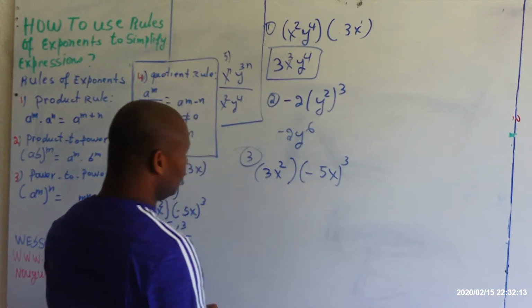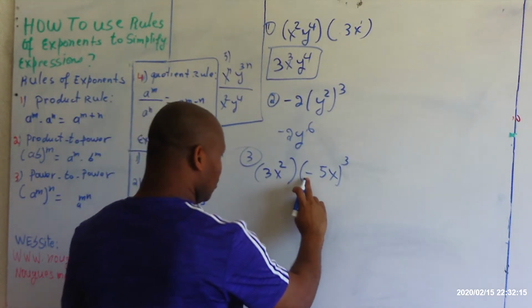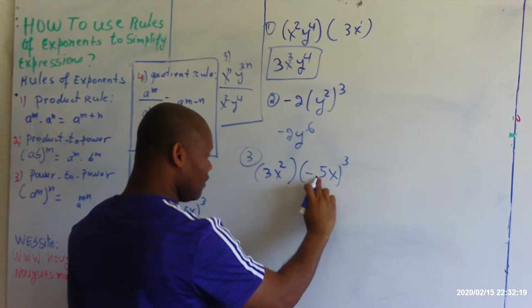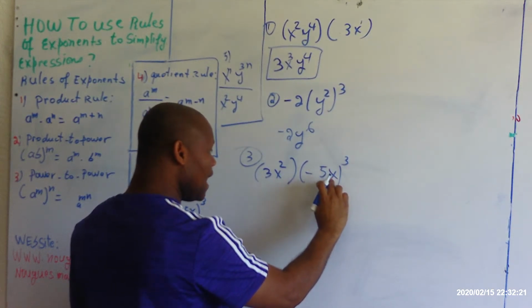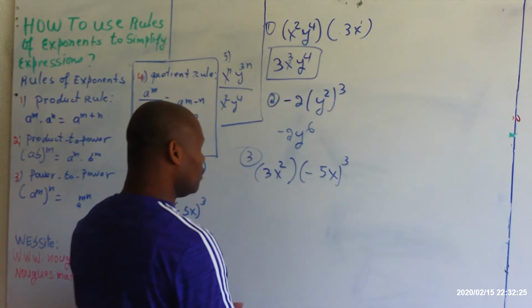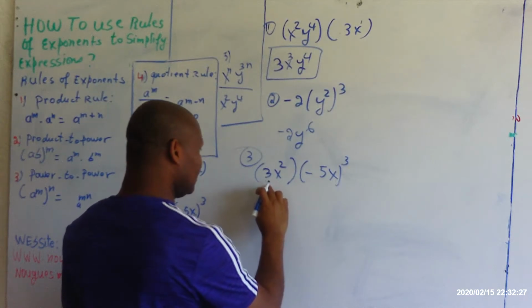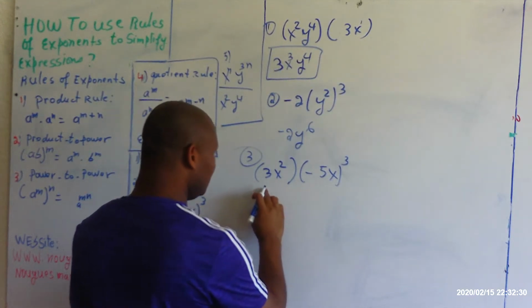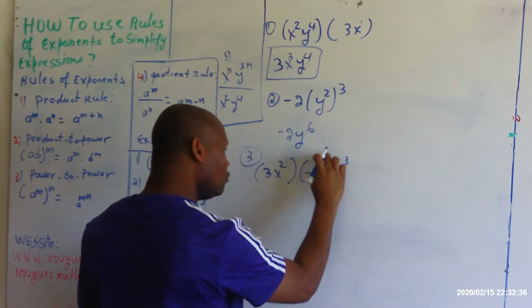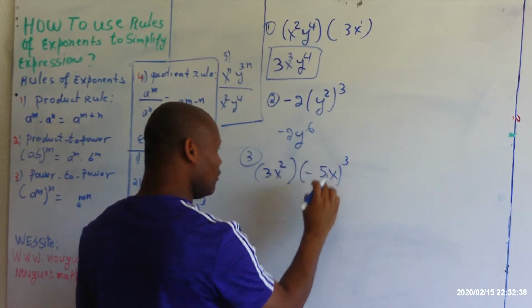Right now you see negative 5x to the power 3. That means negative 5 raised to 3, also x raised to 3. So you have to be careful. Let's write this for you. That's going to be 3 times negative 5, but you can do that first. Do the power first.